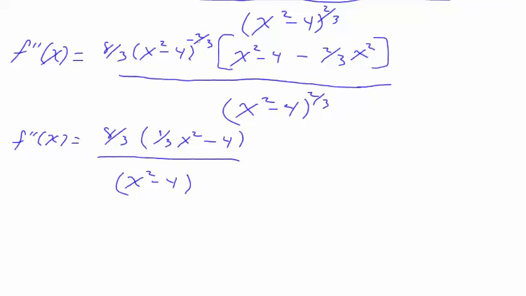Now, if you take this negative 2/3 down into the denominator, we can add their exponents, so that becomes 4/3. Okay? Now what you want to do is look at this and go, oh, hey, what makes the numerator 0 and what makes the denominator 0? And then we put that on a number line. Okay? So let's just go ahead.